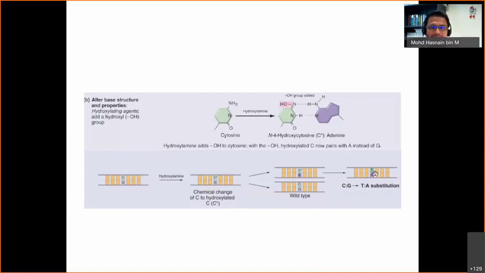What is this? Is it a transition or transversion? CG becomes TA. Is it a transition or a transversion? Anyone can try?